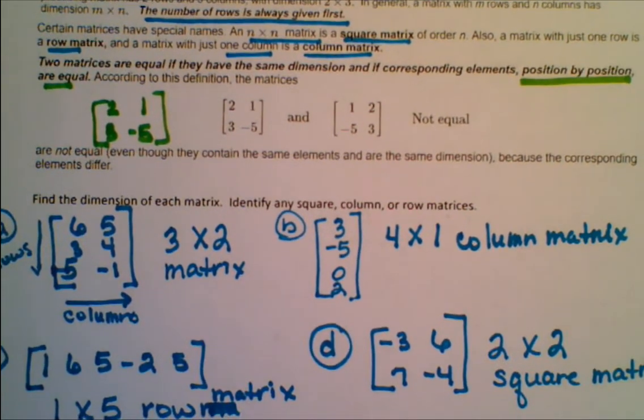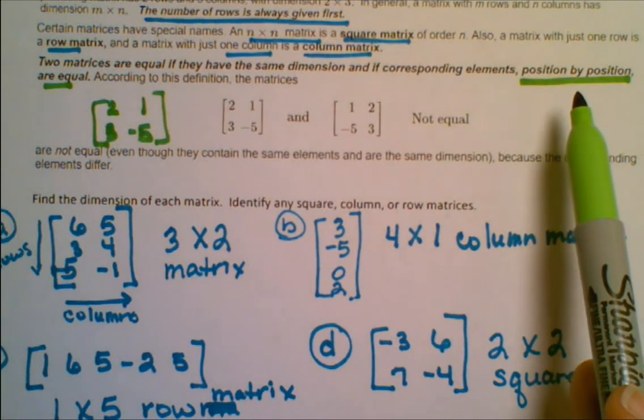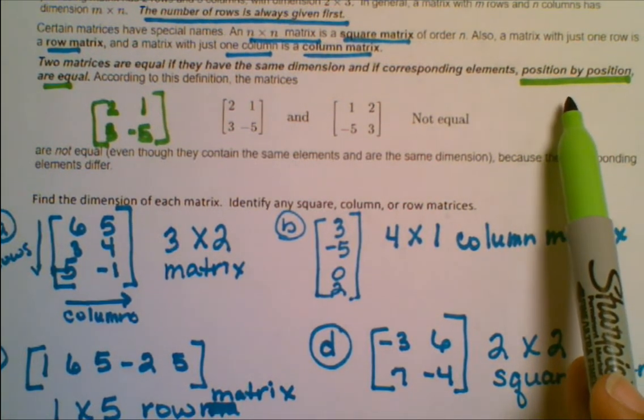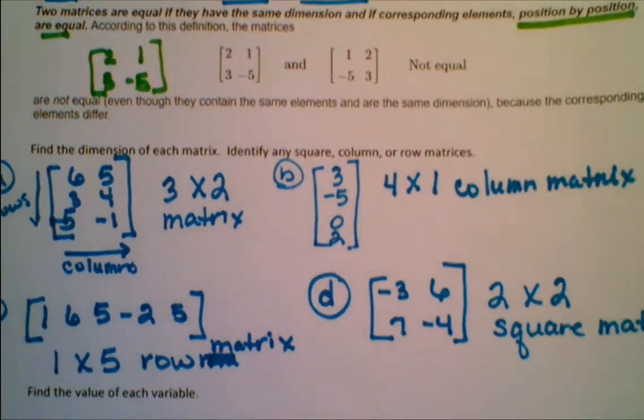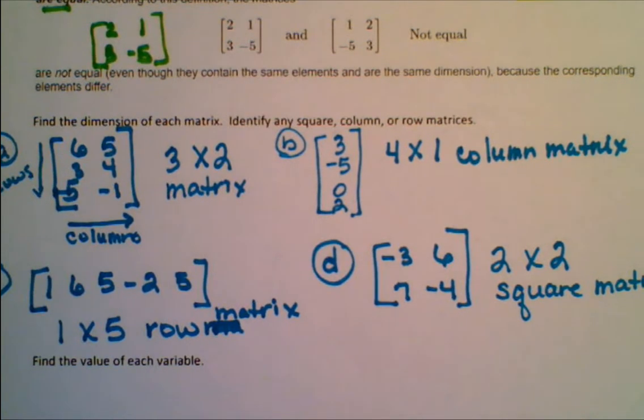So keep in mind, excuse me, that we're looking at position by position. So we're going to look at this next example where it's asking us to find the value of each variable in the matrix equation. We have here our first matrix.